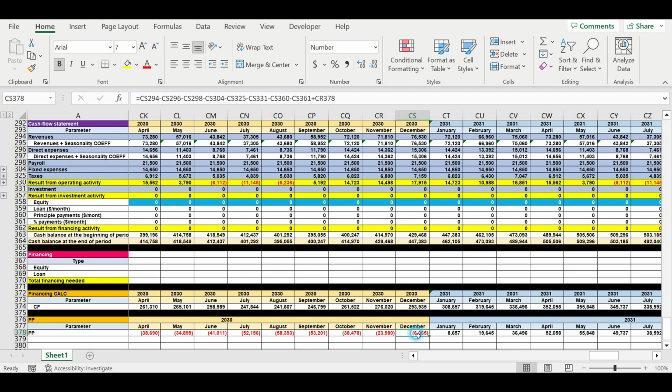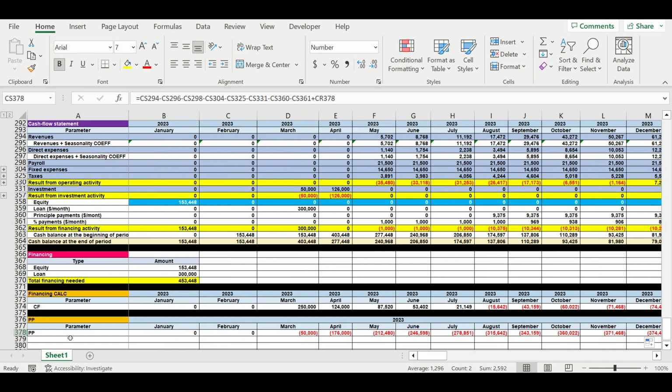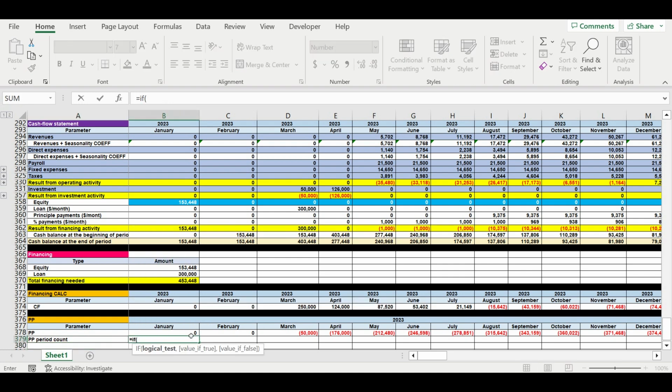So how do we calculate the number of months? We can write a very simple formula. Period count, let's name it. If this value is less than 0, then we will put 1, otherwise 0.